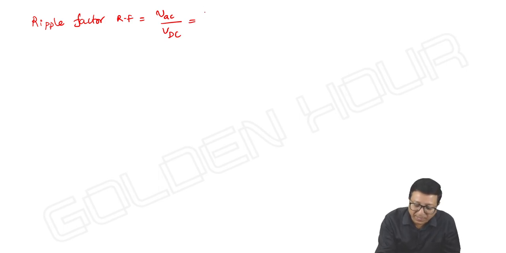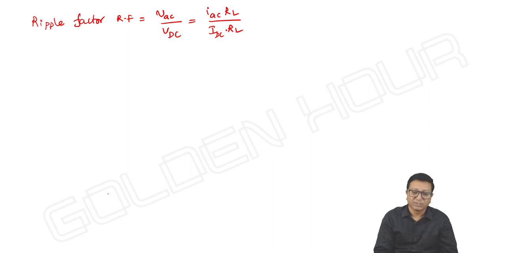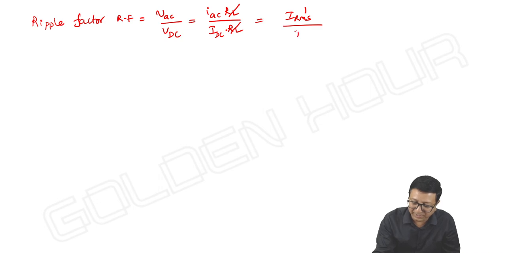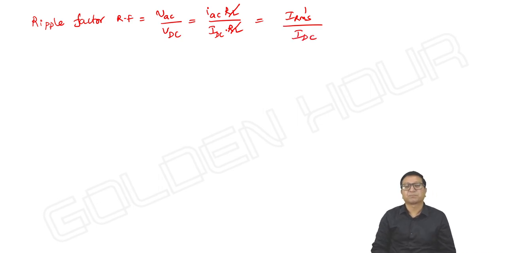It is further written like IAC into RL by IDC into RL. So I can cancel RL. Even though I write IAC, we do not know it. At the time of substitution, what should we write? It is an RMS value. So it is further written like IRMS dash by IDC, the RMS value of the AC component by the DC component.